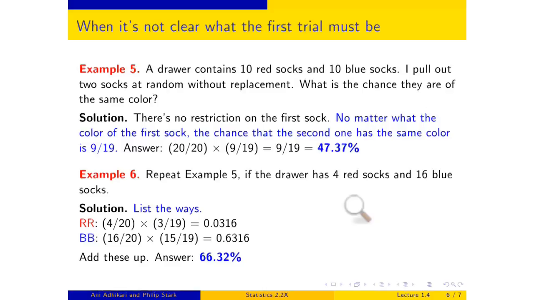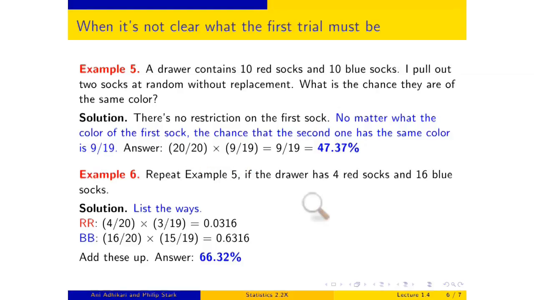So here is a situation where "what does the first trial have to be" did not have a sharp answer. And we found that we weren't able to deal with the second card. And so the answer wasn't simply a product of fractions.